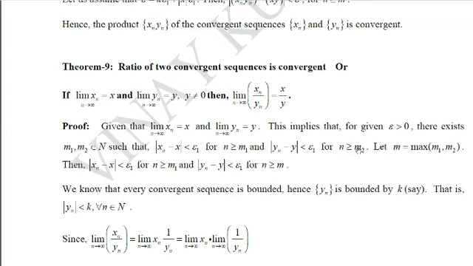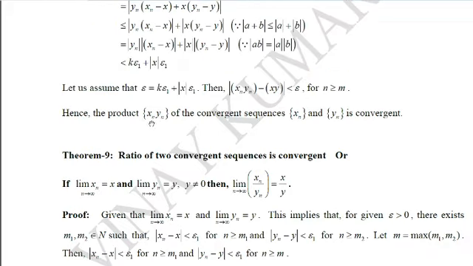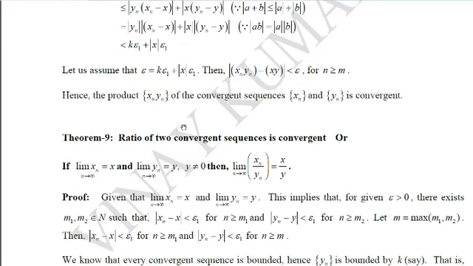As usual, we'll consider the maximum of these values, then both of them are true for that value. But we know that every convergent sequence is bounded, so yn is also bounded. Therefore, there exists some positive integer k such that mod yn is less than or equal to k for all n belongs to N. I have written this in the same lines as the above theorem.